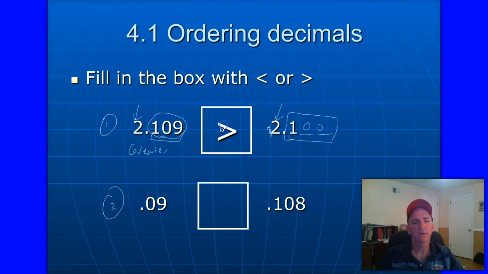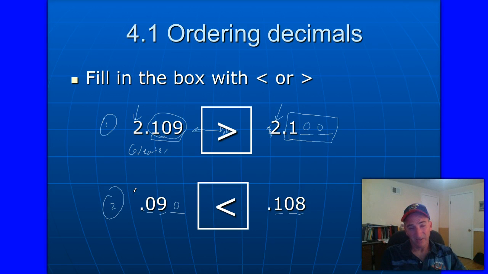Like I said, since it's greater than, the teeth of the alligator will advance that way. Number 2, the same thing kind of happens. You've got 3 place values, so you need 3. You have to put in a 0 there. 90 is less than 108. That's how you would answer that question. So that's ordering decimals for you.